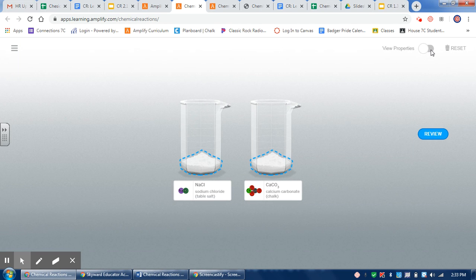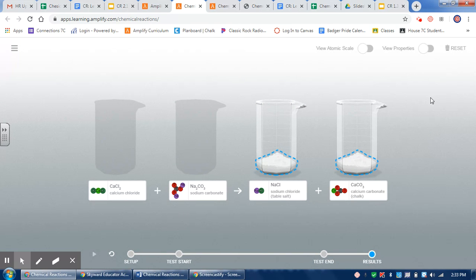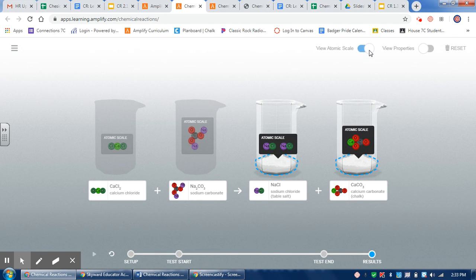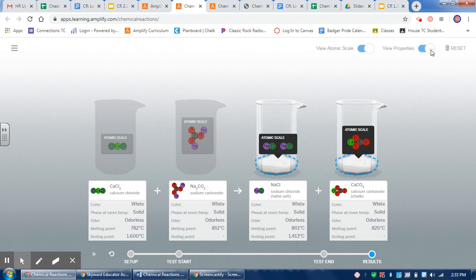So if we go to the top and we review this, and we turn on the atomic scale and view the properties, what we started with was calcium chloride and sodium carbonate. And this little arrow shows that when they were combined, we ended up with sodium chloride and calcium carbonate. So a couple things that you want to look for evidence here.